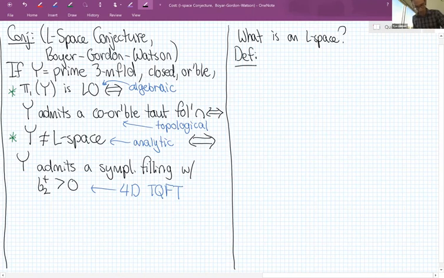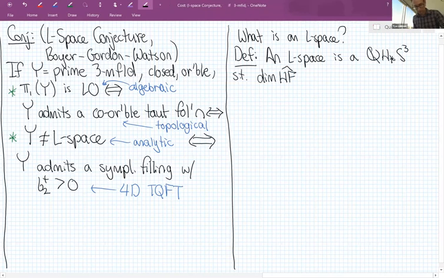I'll define this in a way that may not be helpful for you to start. An L-space is a rational homology three-sphere such that the dimension of the Heegaard Floer homology is given by the order of the first homology. Here HF-hat just means Heegaard Floer homology.